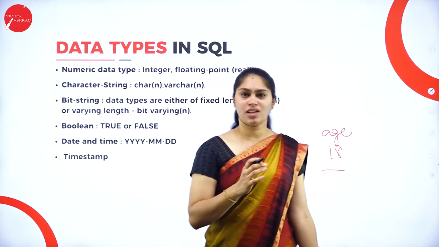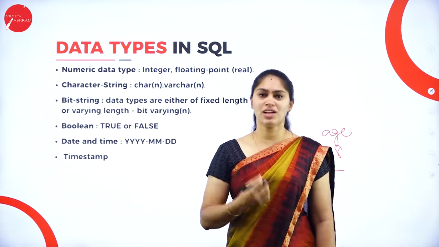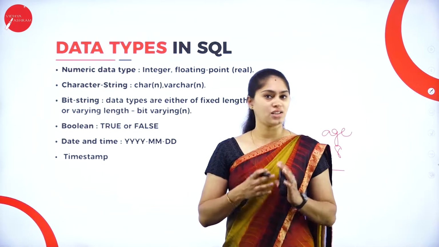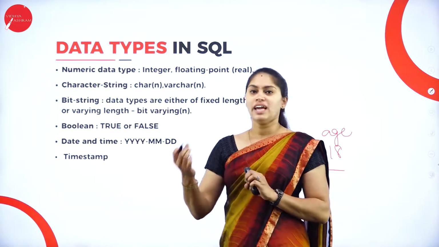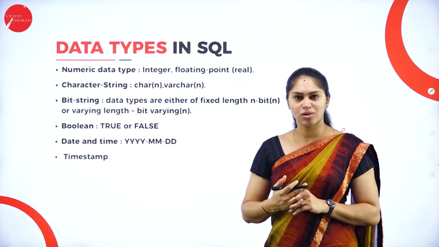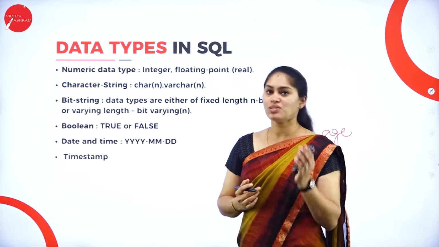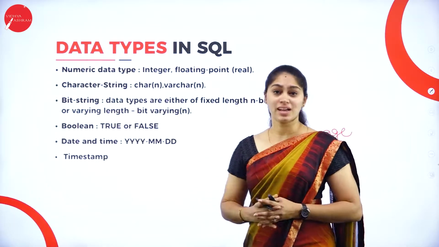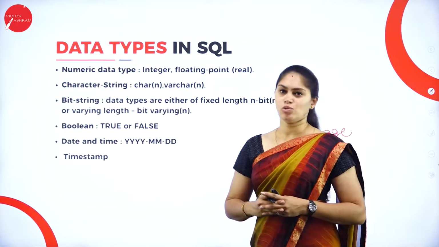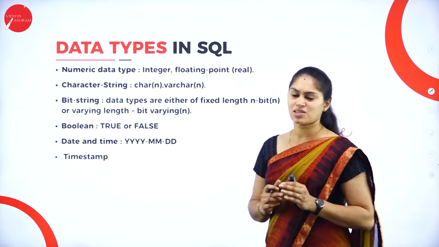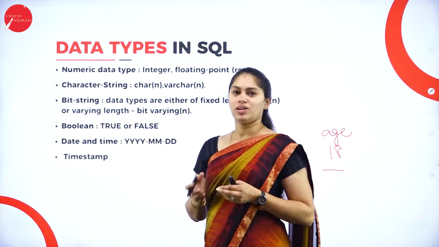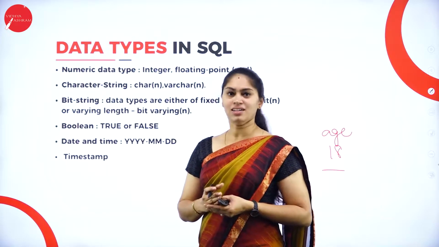That is the definition of a data type. We have to define what kind of data it is able to hold. If I know what kind of data it is able to hold, then only can we give that kind of data in order to improve the consistency of the content whatever we have in the database. So it is necessary to understand whatever the data types we have in SQL.